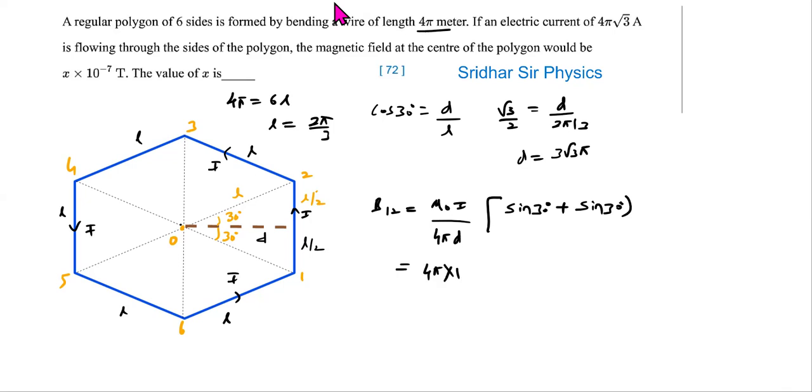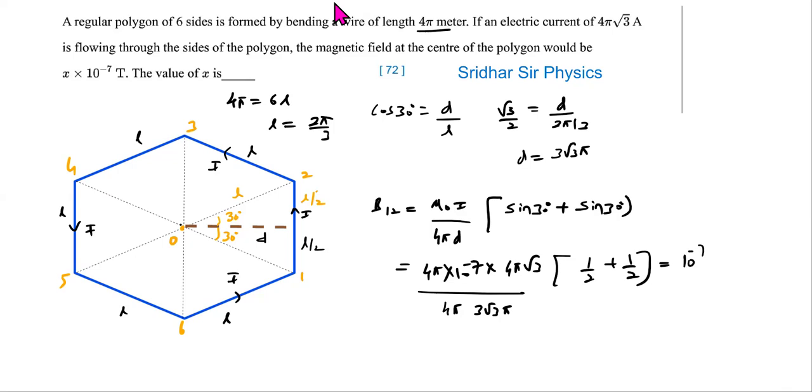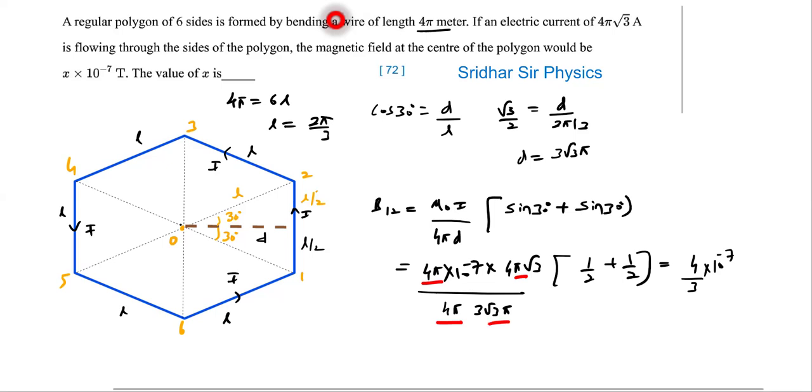Mu naught is 4 pi into 10 to the power of -7, the current is 4 pi root 3, and d is 3 root 3 pi. Sin 30 is 1/2, 1/2. The 4 pi will get cancelled, leaving pi root 3, 4/3 into 10 to the power of -7.